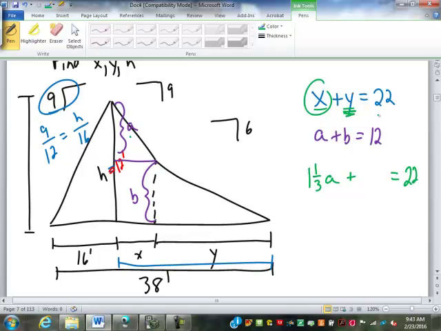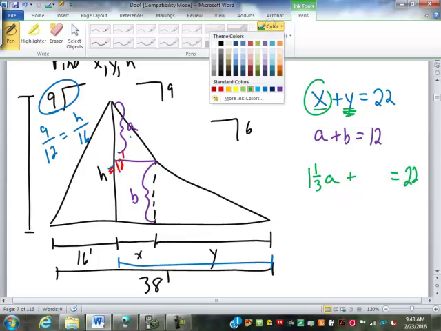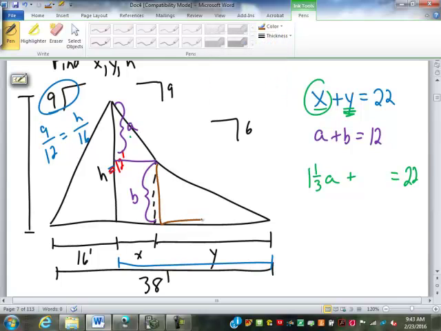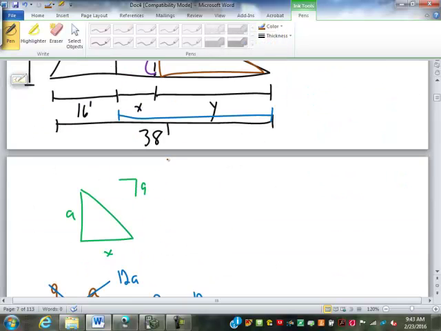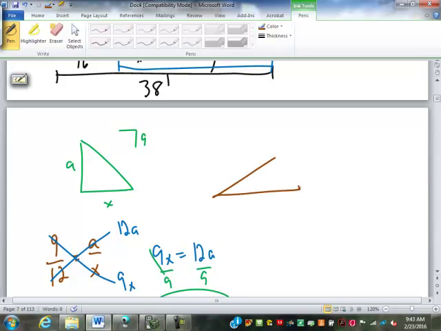Now we have to figure out what we're going to do for y. So look at this triangle here, which is B and Y. Helps if I draw it the right direction, I guess.